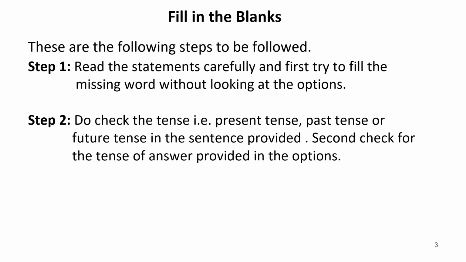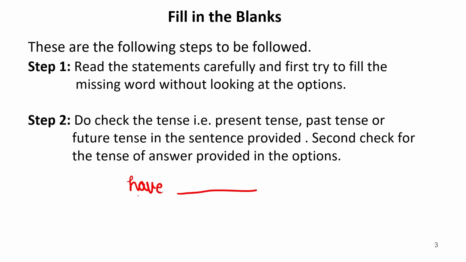Now step 2, check the tense, that is whether it is present tense, past tense, or future tense in the sentence provided. Second, check for the tense of the answer provided in options. For example, if we have the word have and following it we have a blank.